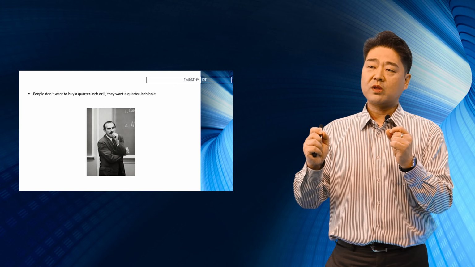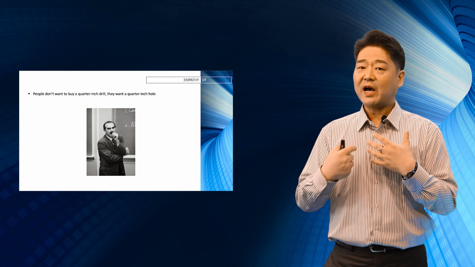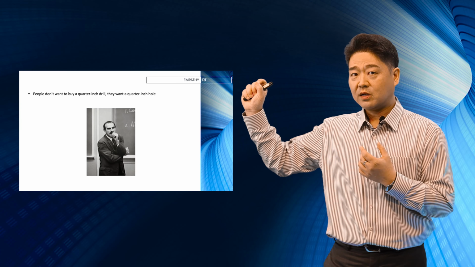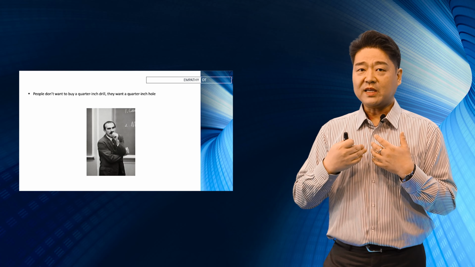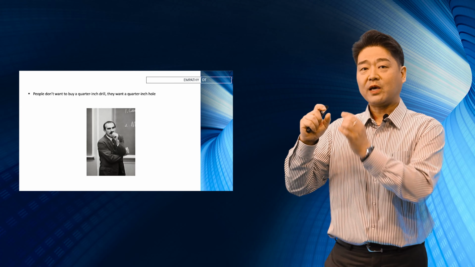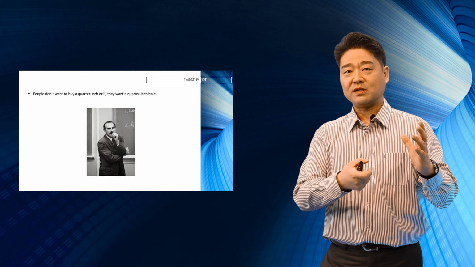Now let's think about what Theodore Levitt says here. What people want, the reason I buy a drill is because I want to make a hole on the wall. So what I need is an effective way to make a hole on the wall. Very accurate quarter-inch hole. Not exactly a fancy looking drill.